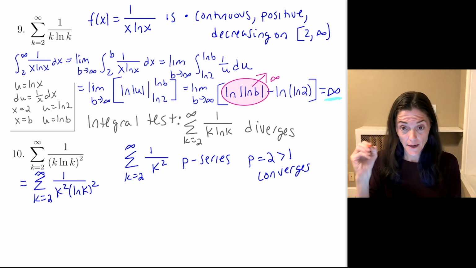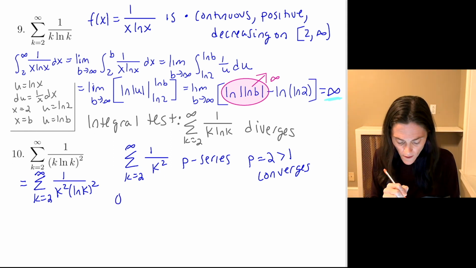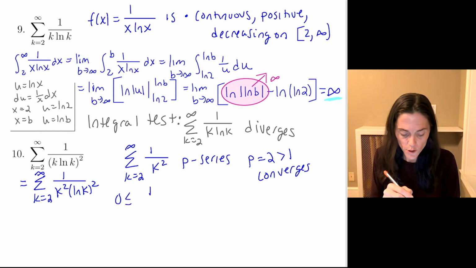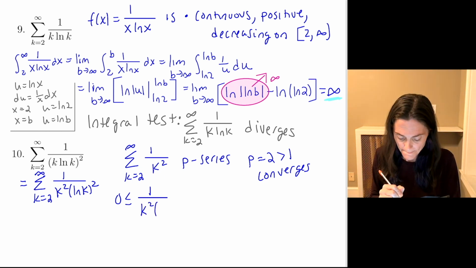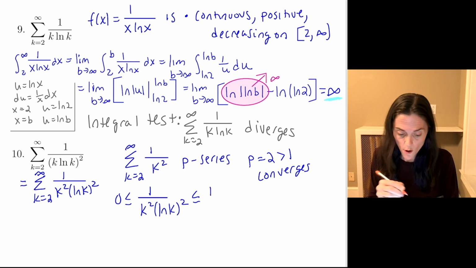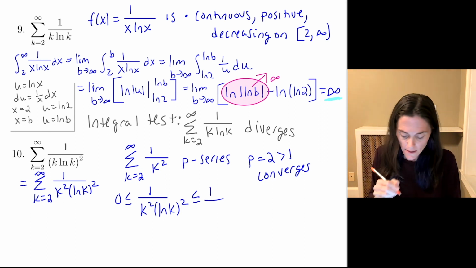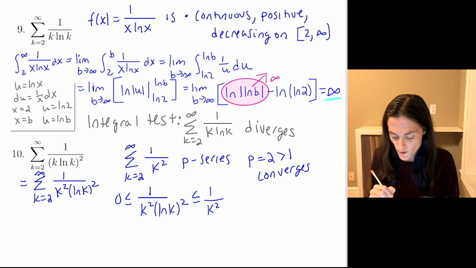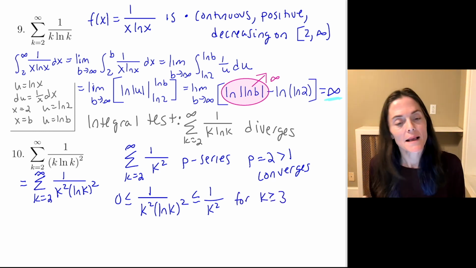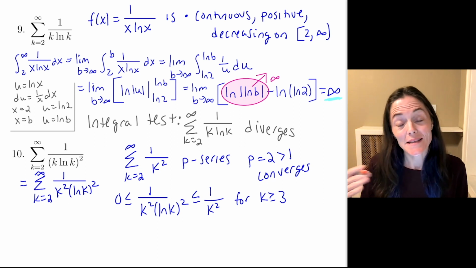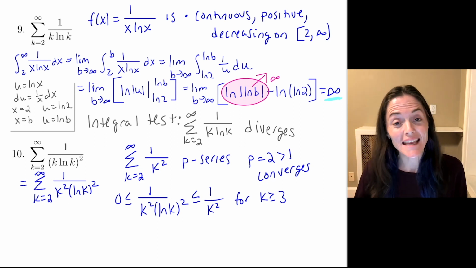Okay, it's going to be comparison. So we have 0 is less than or equal to the terms of my actual series, which is less than or equal to 1 over k squared. Now, this would be for k bigger than or equal to 3. My series starts at 2. I have this inequality for k bigger than or equal to 3.